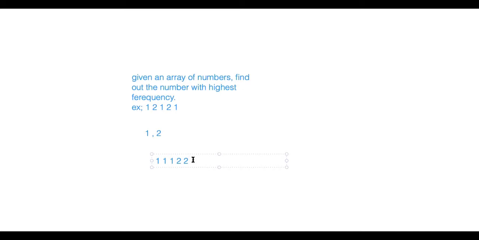Once it reaches the next element, 2, it will check against the previous count. In this case 3 is greater than 2, so it will just keep the count value as 3 itself.